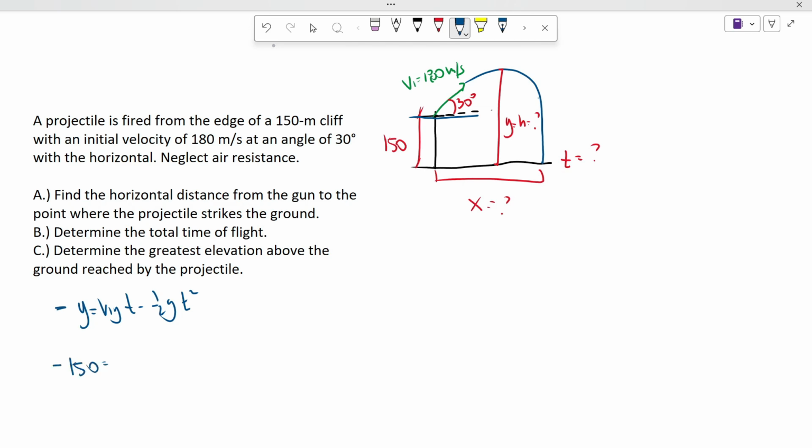So, Viy is Vi sine theta, guys. Don't get confused, write this down on paper. So, 180 sine of 30 times t minus 1 half of 9.81 t squared.